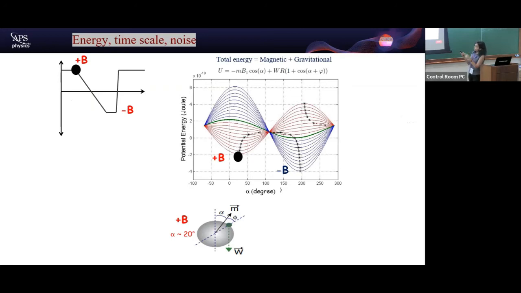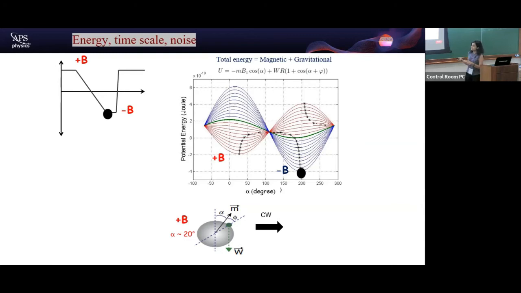If you carefully see this diagram, currently if my swimmer has some positive magnetic field in the system, and I change it to a negative one, it just does a clockwise turn and comes back to this curve here.